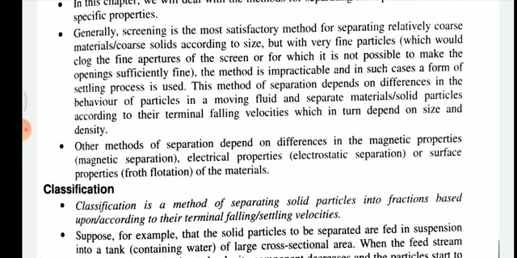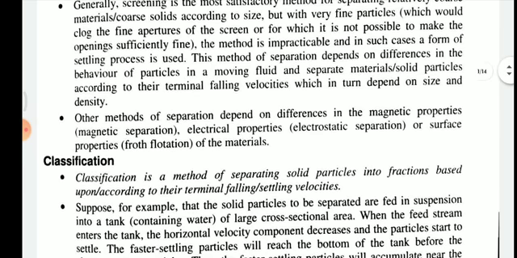Another method of separation depends upon differences in magnetic property. In this chapter we also discuss separation by magnetic property. That means magnetic behavior is already in the particles.